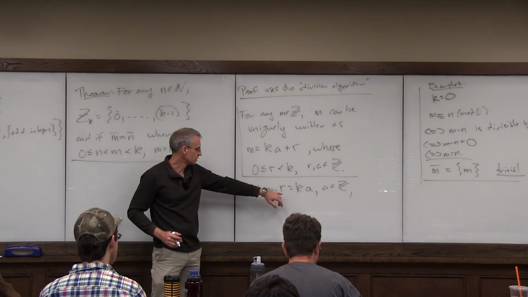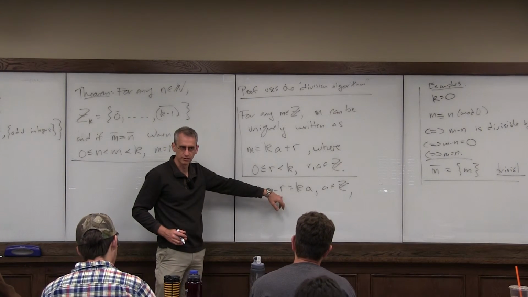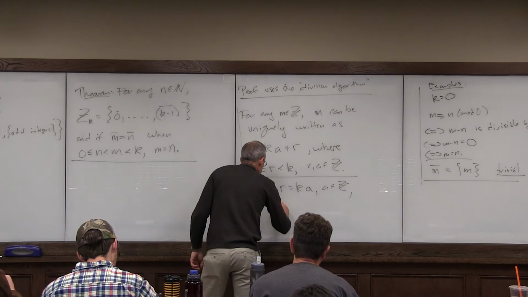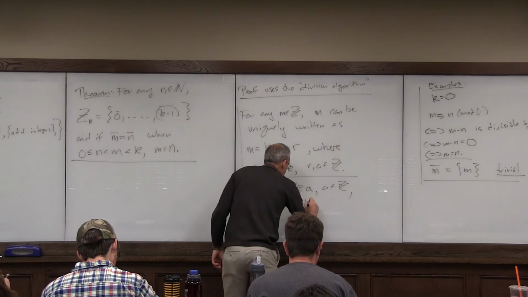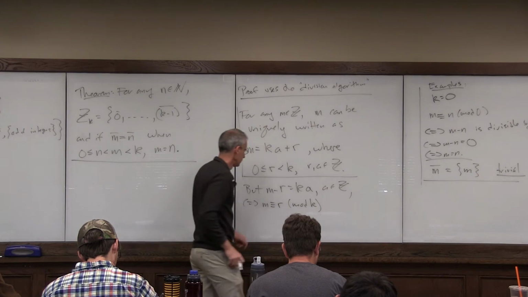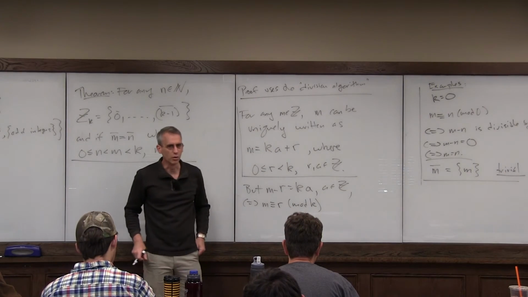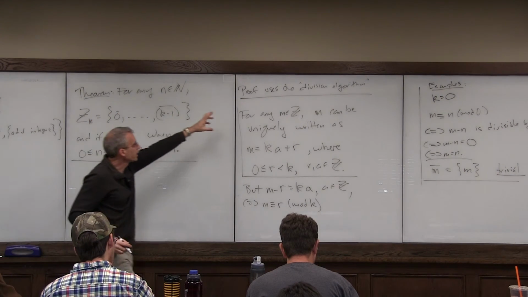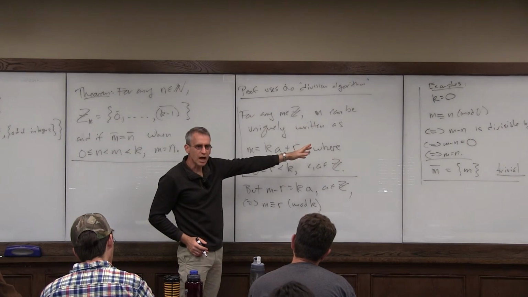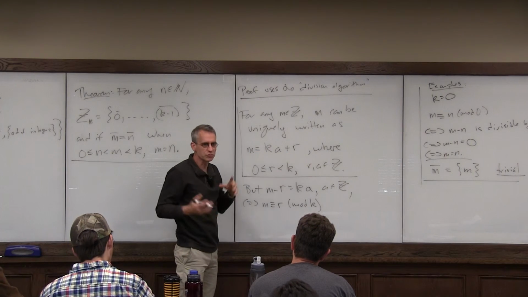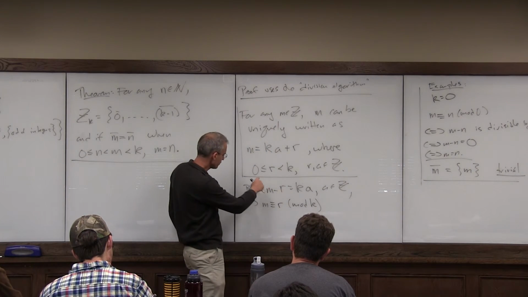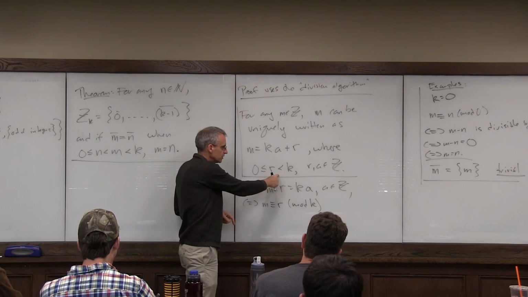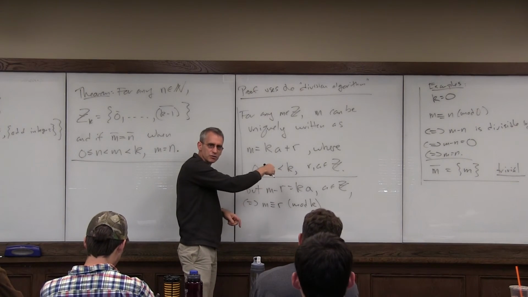That m is equivalent to the remainder mod k. Right? Because the difference is a multiple of k. So in other words, whatever m you pick up, you do the division algorithm on it, it's equivalent to its remainder. And where's the remainder? The remainder is 0, 1, 2, 3, 4, 5, 6, all the way up to 1 less than k, which is k minus 1.